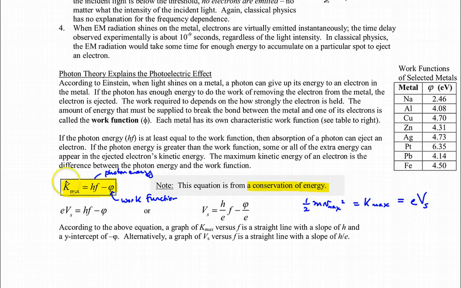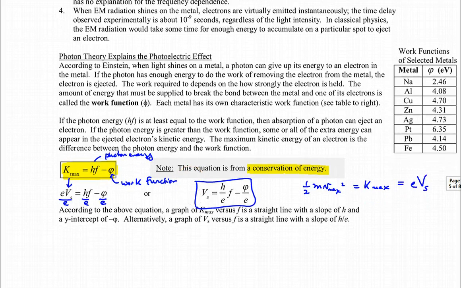So you could replace this kinetic energy with e times Vs, the stopping potential, which is equal to hf, the photon energy, minus the work function. Then, if you divide everything by e, the e cancels out, and you get this equation as shown.